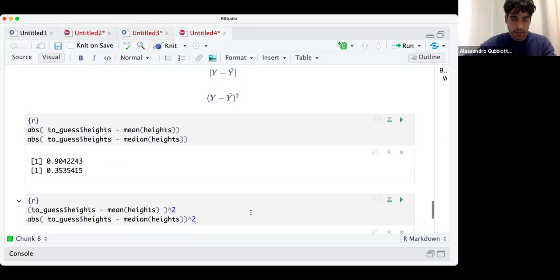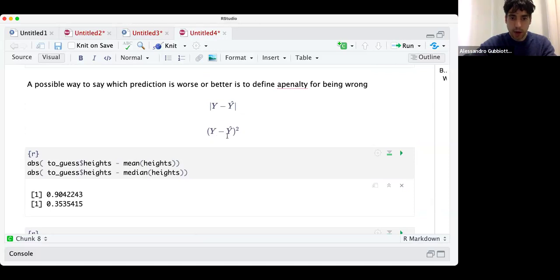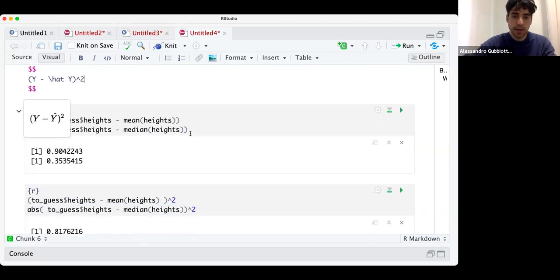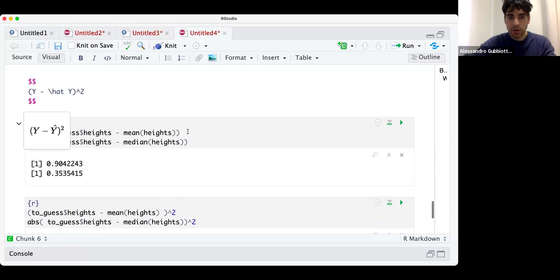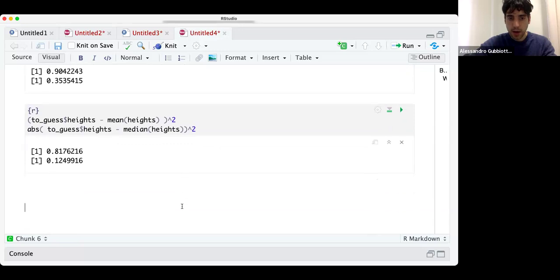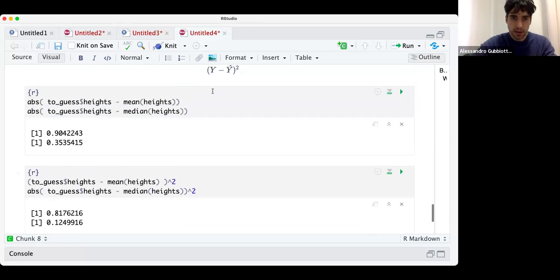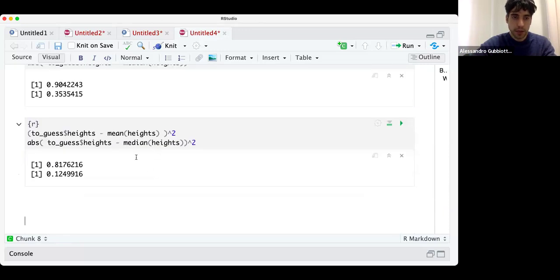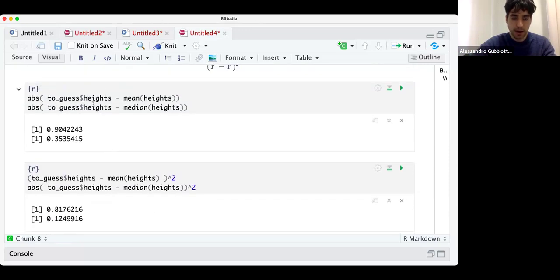Now, this is a random quantity. Why? Because this y is random. I want the penalty to be deterministic. So if I know the distribution, I want to give a precise number, not a number that depends on the sample. So let's take the mean of this quantity here.